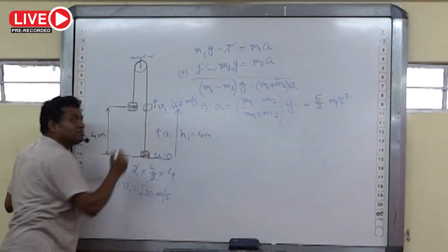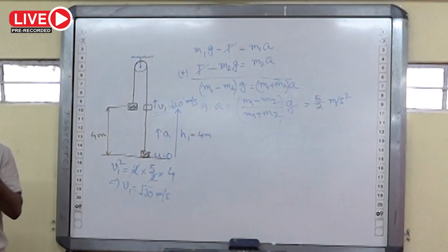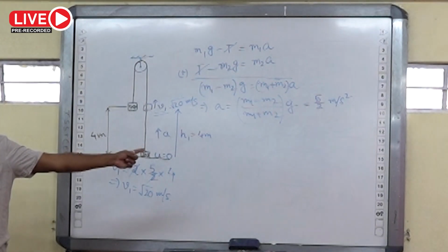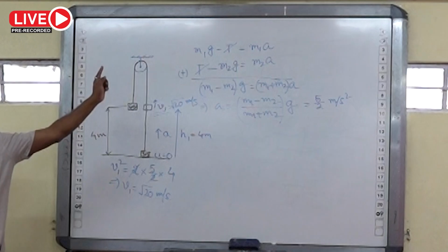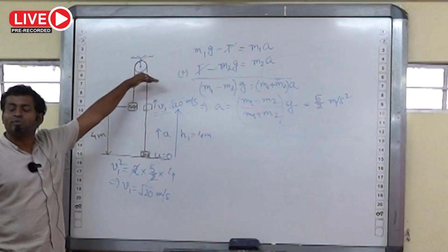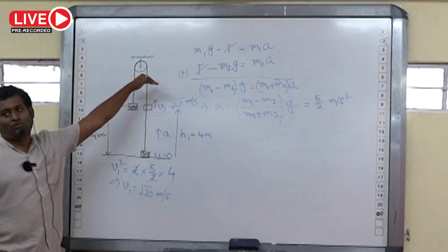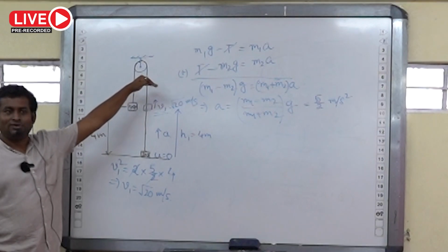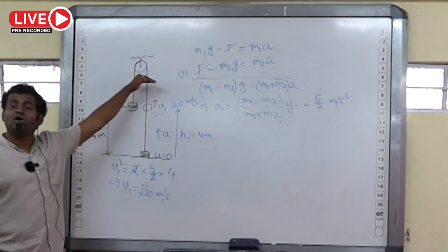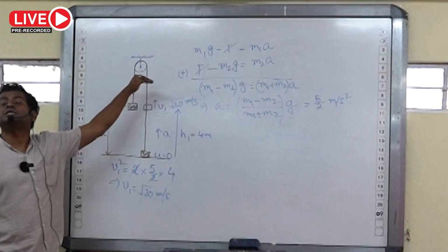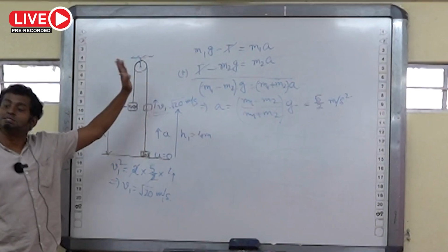So will this 3 kg mass stop here or will it rise further? It has the velocity, so it will rise further. So its height reached will be more than 4 meter. Okay, so how long will it rise? Until its velocity becomes 0.